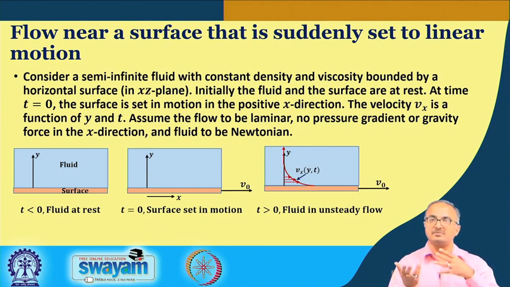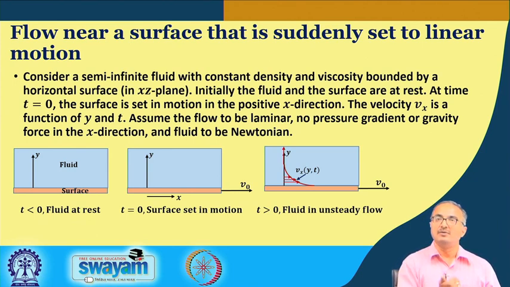It is the same thing for a train also. The velocity Vx is a function of y and t. That means the velocity of the fluid will now become a function of y, that is the distance from the surface, and time.